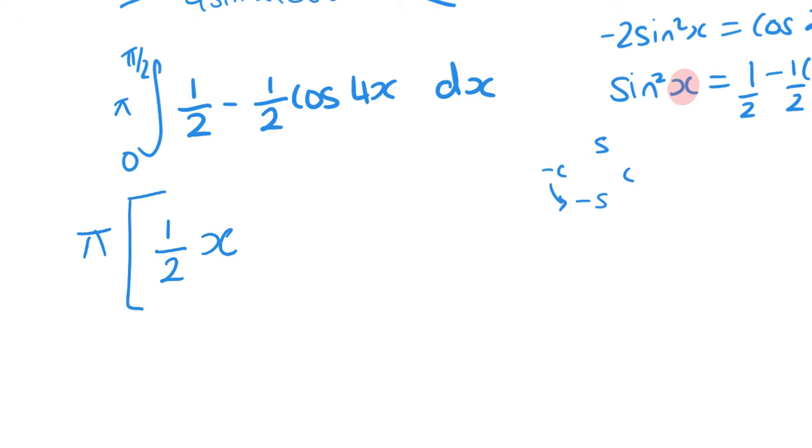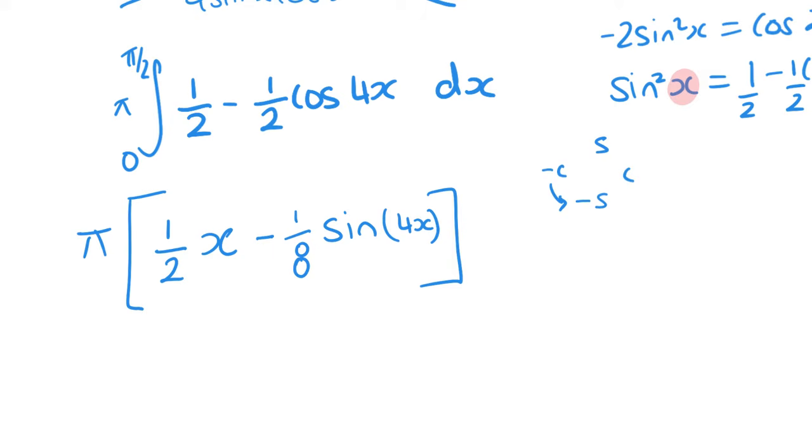If we integrate minus cos, what do we get? Minus sine. So this is still going to become minus a half sine of 4x. Now we need to divide by the differential of the bracket. The differential of 4x is 4. What's minus a half divided by 4? Minus an eighth. Where did a quarter come from?